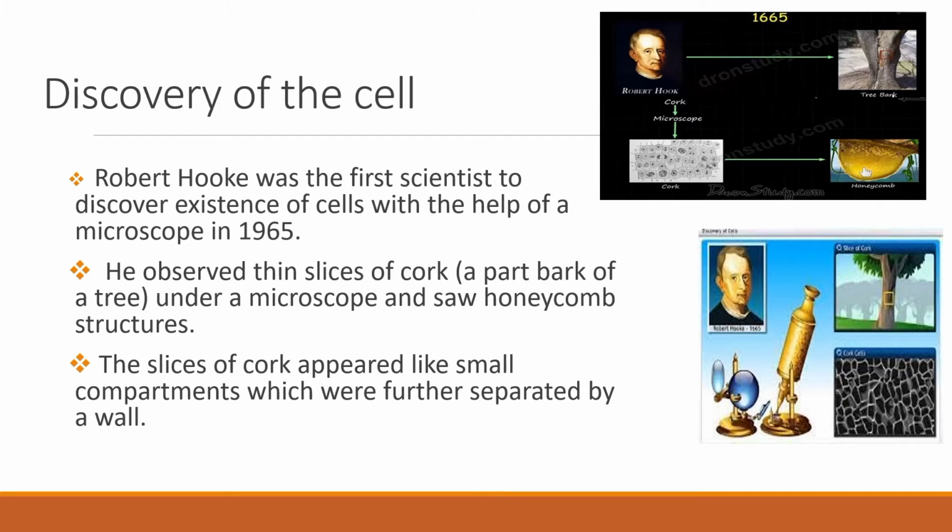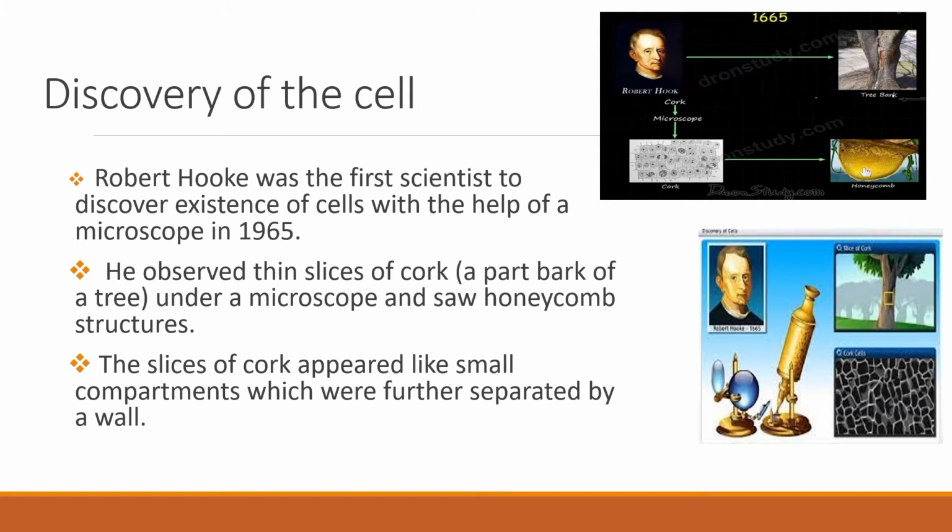However, the cell that Hooke observed was actually a dead cell. He demonstrated his work to scientists at the Royal Society of London. Even after the discovery of the cell by Robert Hooke, very little was known about it.